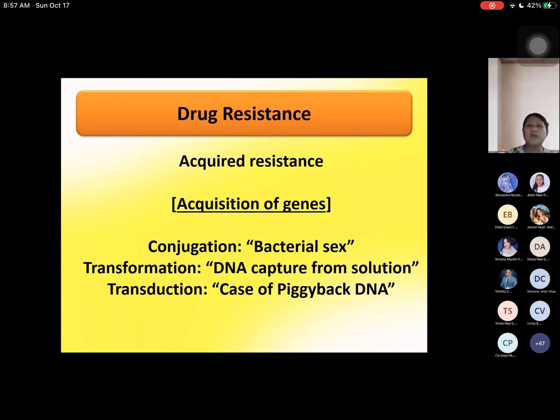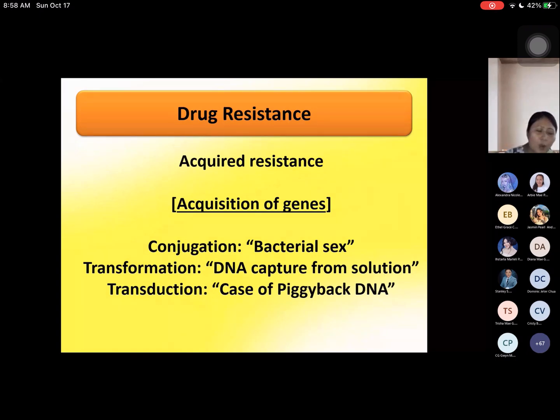Transformation, this is the DNA capture from solution or the uptake of naked or free DNA from the environment. Transduction, this is the case of piggyback DNA. They term it the piggyback DNA because they carry bacterial DNA from one bacteria to another, the passing of DNA material.